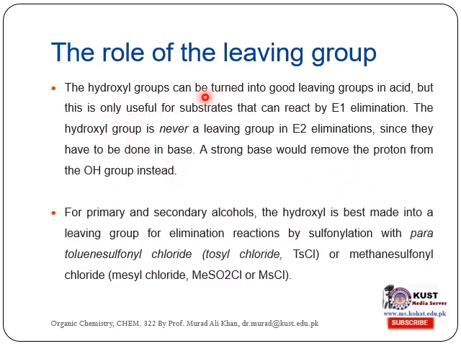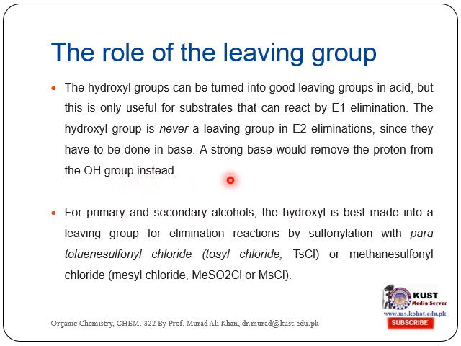Hydroxyl groups can be turned into good leaving groups in acid, but this is only useful for substrates that can react by E1 elimination. The hydroxyl group is never a leaving group in E2 elimination, since E2 has to be done in base. A strong base would remove the proton from the hydroxyl group instead.